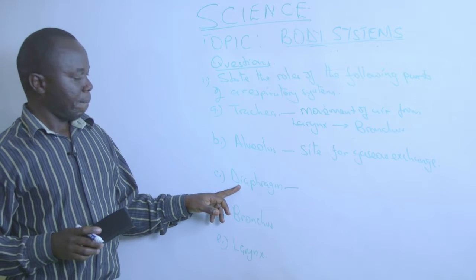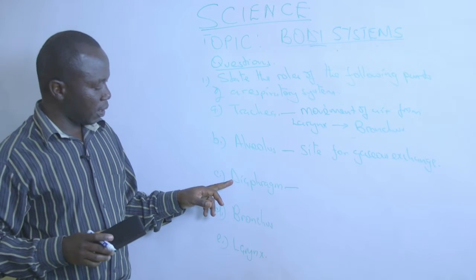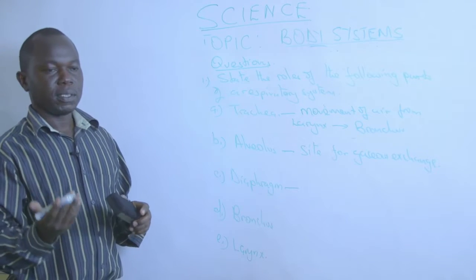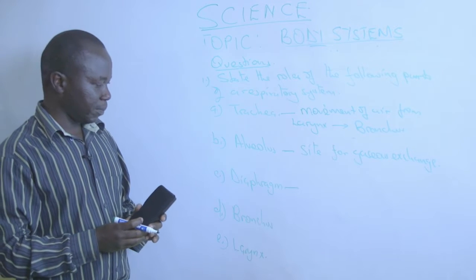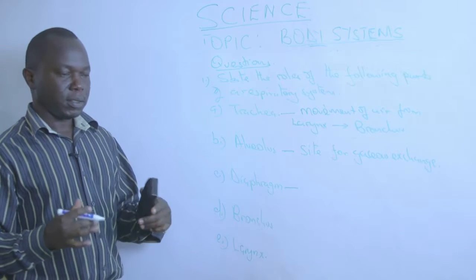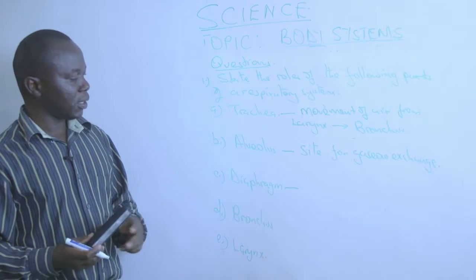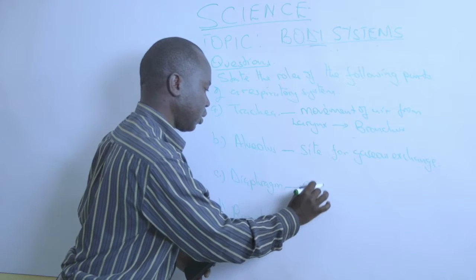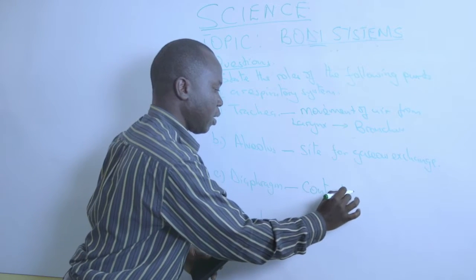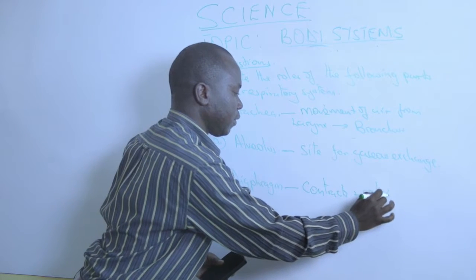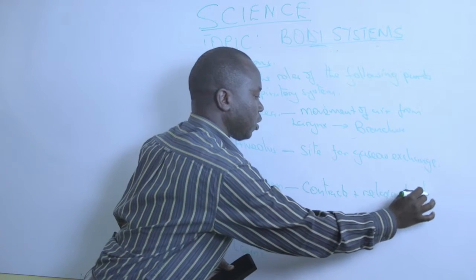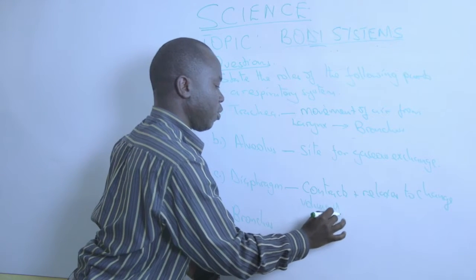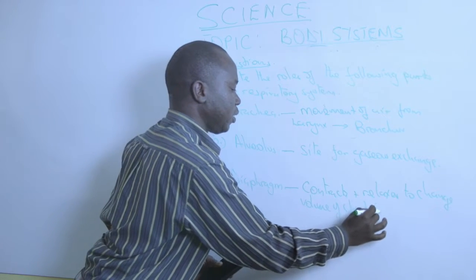Diaphragm. In a review, we said diaphragm is a sheet of muscle that's found just below the chest cavity. And the role of diaphragm is simply to contract and relax to change the volume of the chest cavity.